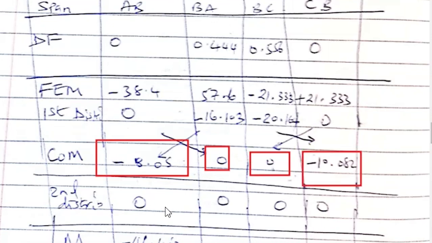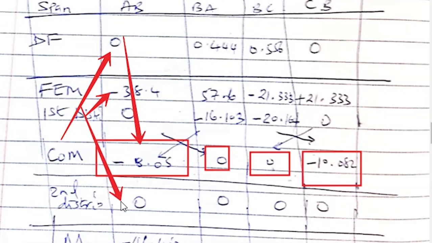Now if you see this value, you can multiply it by the same distribution factor as we did this way. Once you take 0 times this one, you can get the value to this one.